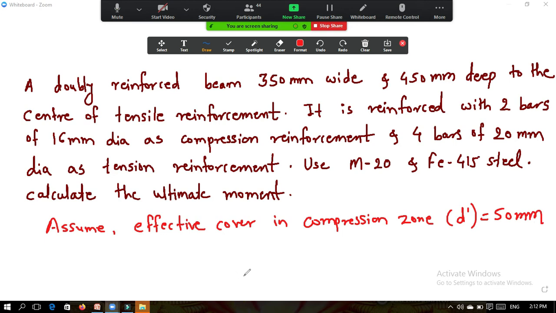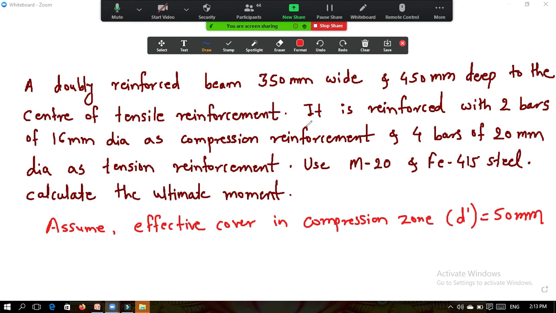Okay, this we have assumed now. So first calculate the value of XU max, then assume balanced section and equate CU equal to TU. See what you are getting, what you need to find out, all these things. Okay, so here I have assumed the effective cover in compression zone D dash as 50 mm.